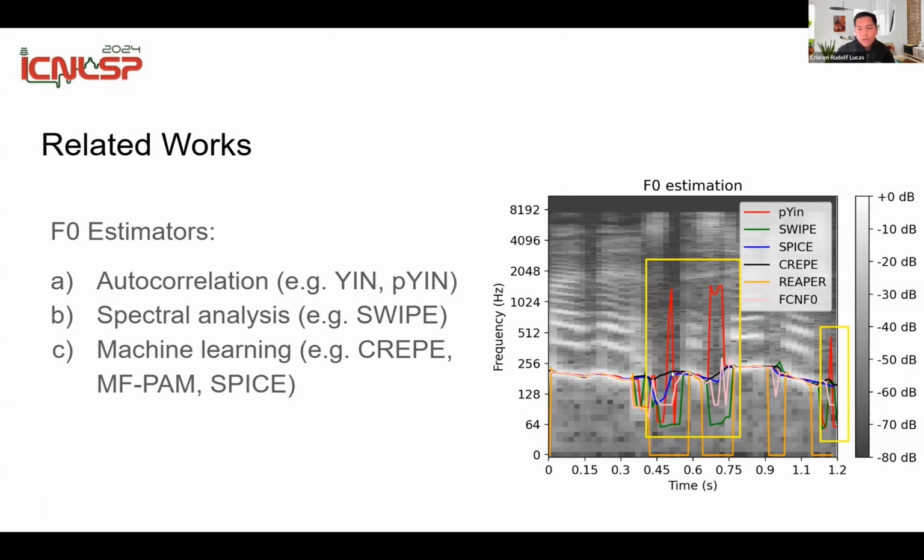As you can see, they have different estimates, and especially for pYin, you can see some highlighted in red, some F0 values which are detected at very high frequencies, which are of course misdetections because our voice only ranges up to 1 kHz or less.